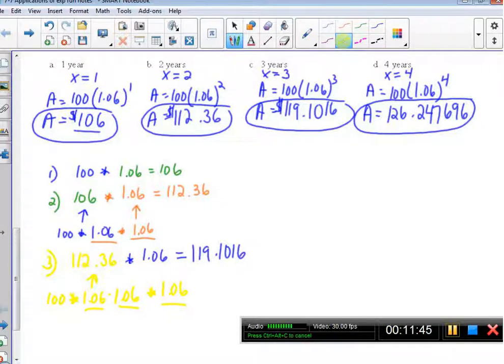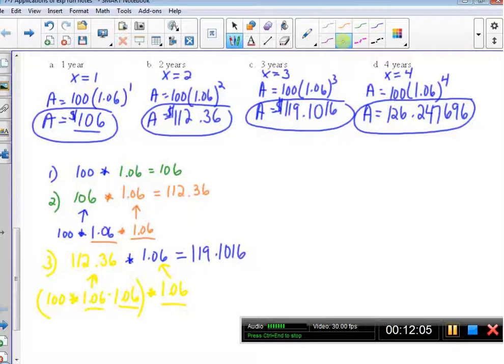So that 112 was made up of 100 times 1.06, and altogether you have 3 of them, which is why it's to the third power. So that's how that formula gets developed.